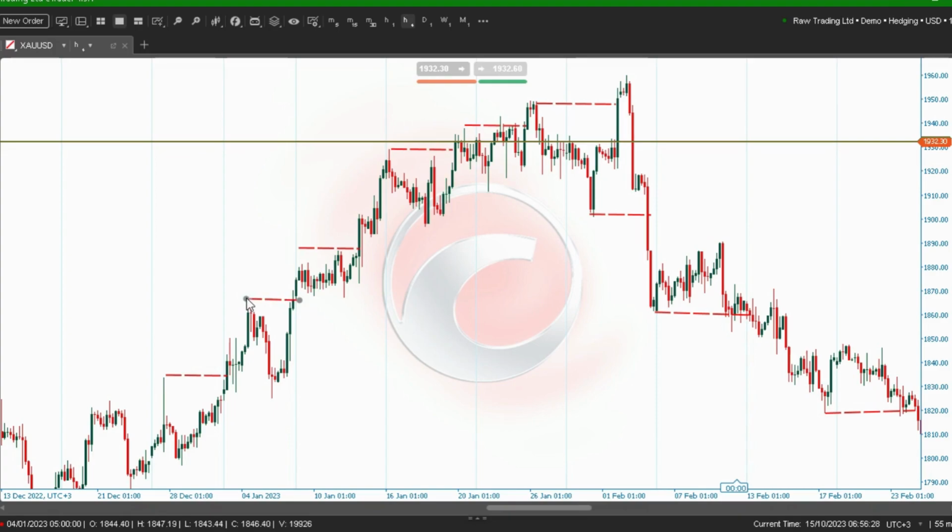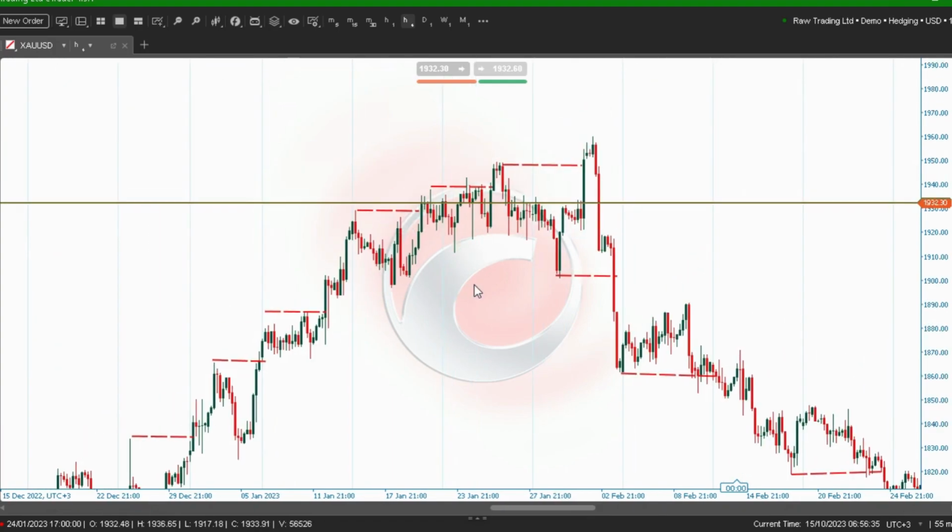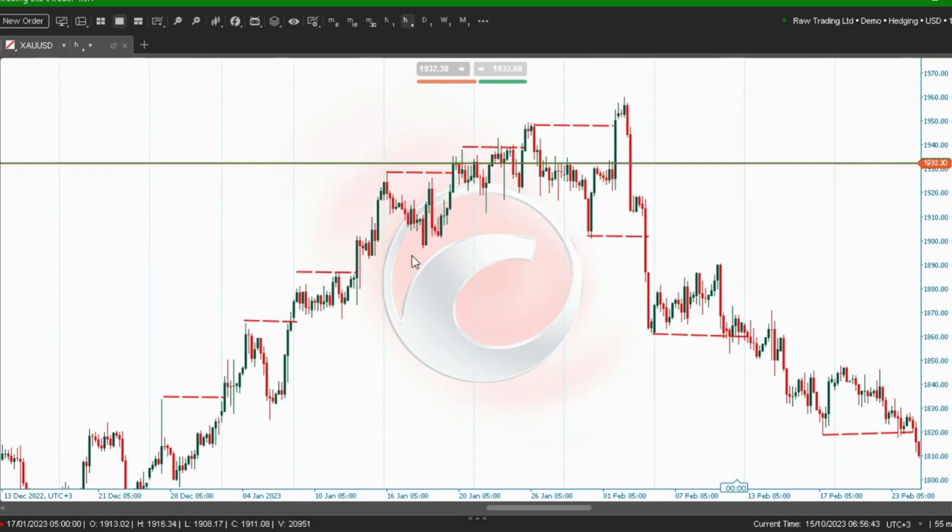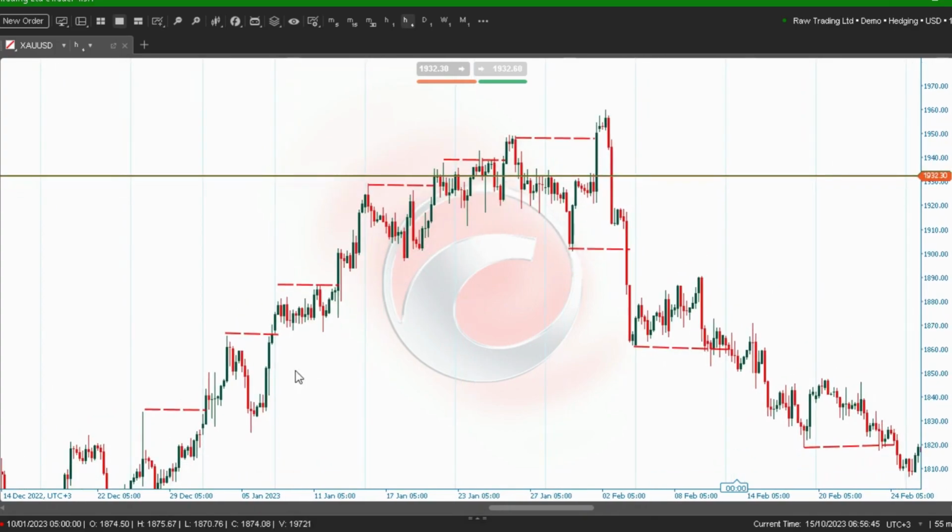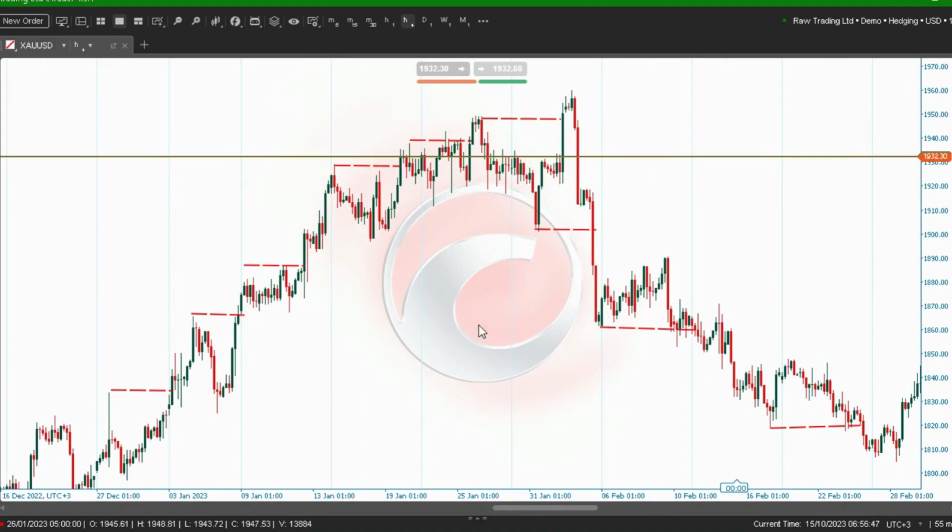You can see the market was creating a series of higher highs and lower highs, and it was breaking structure subsequently. It was creating continuous higher highs and higher lows, and this is what we call an uptrend.